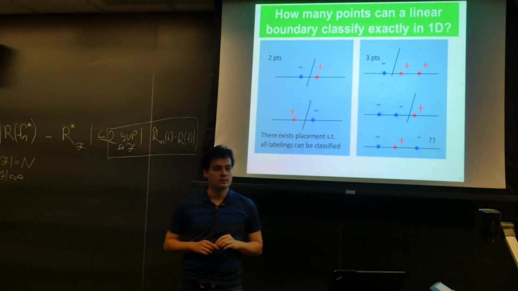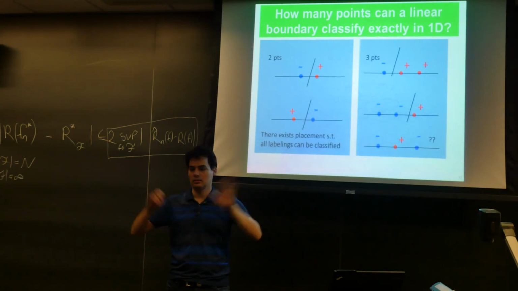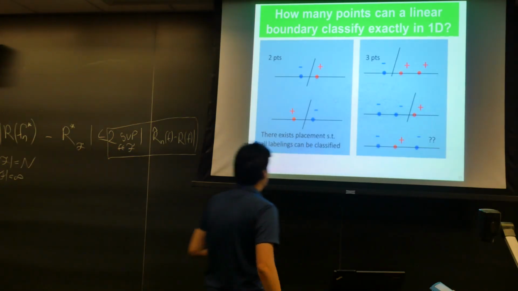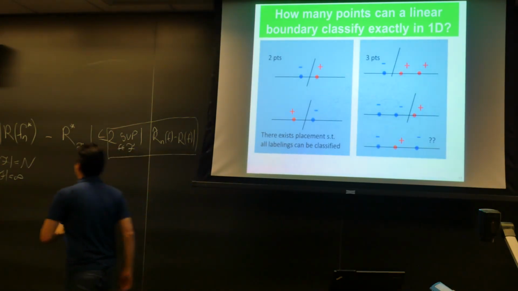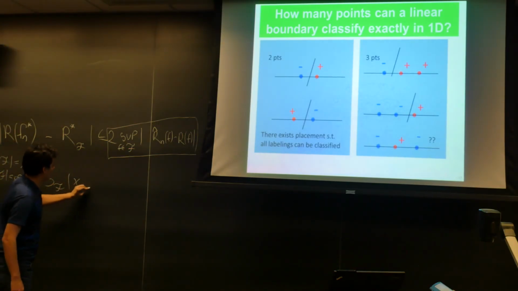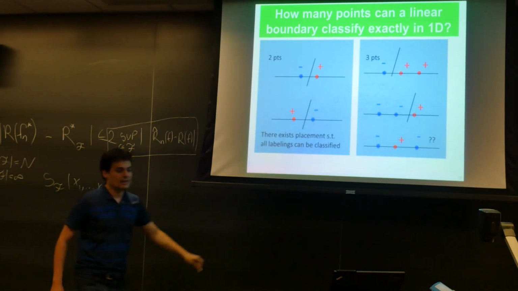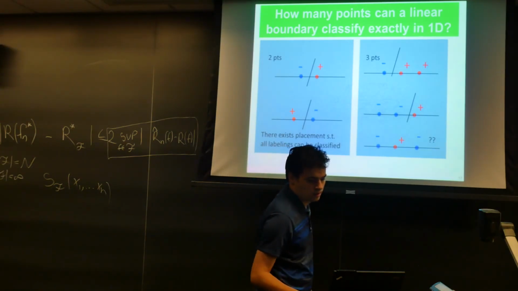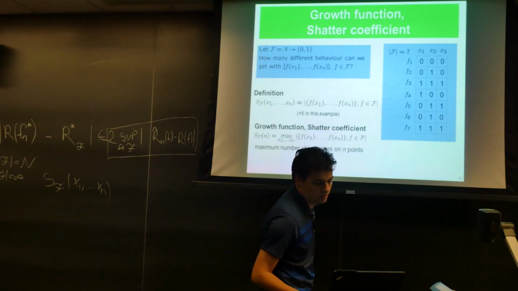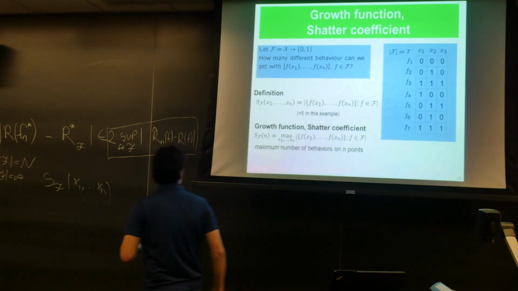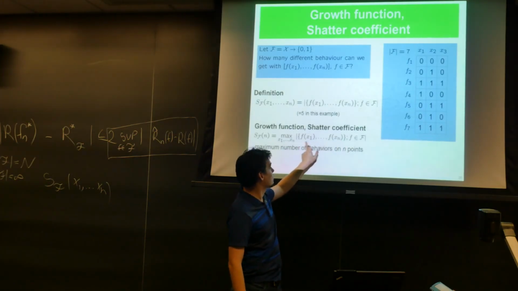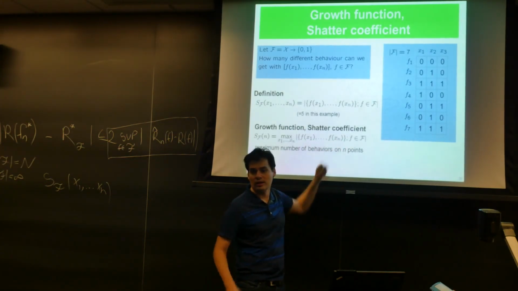Any questions so far? So we did all this last time, right? We introduced the notation S of F, x1 to xn, which was just this expression, the maximum different behavior of this n-dimensional vector, given n training points.